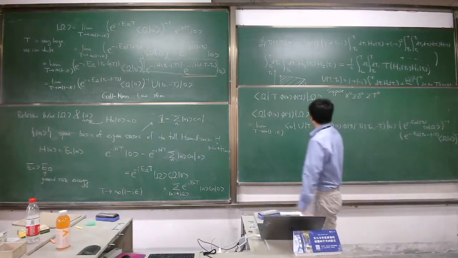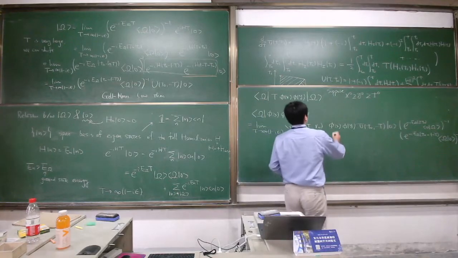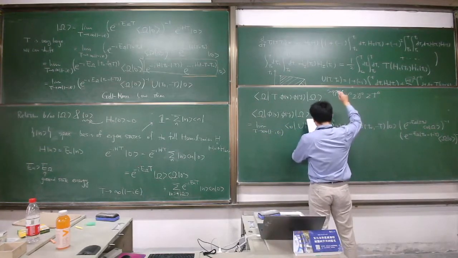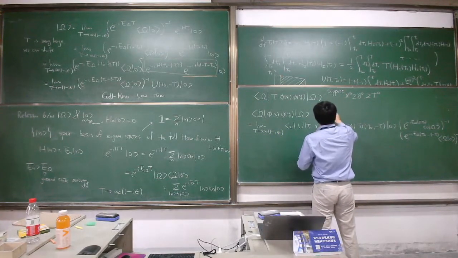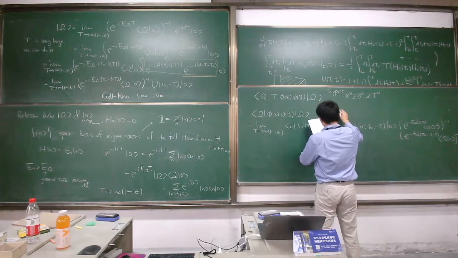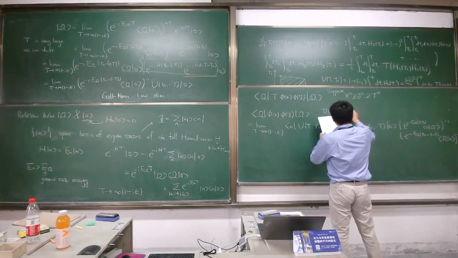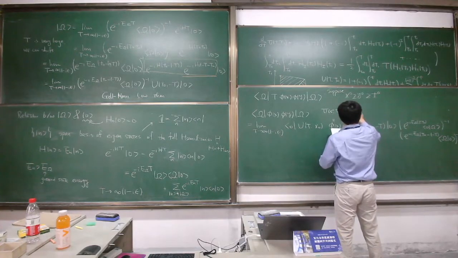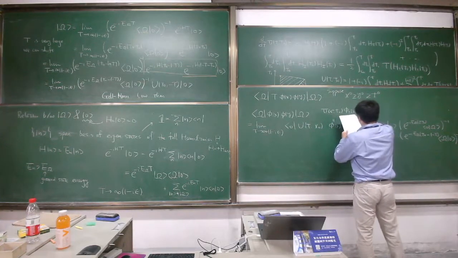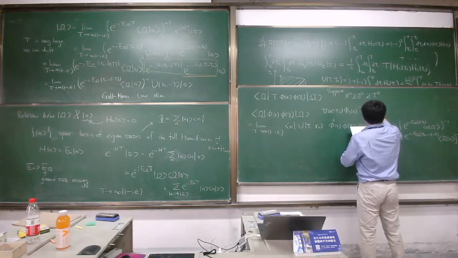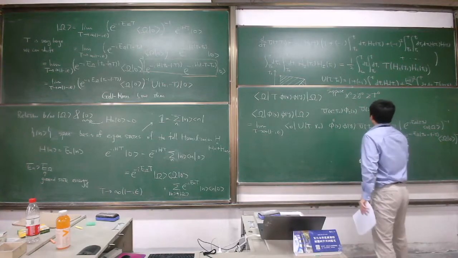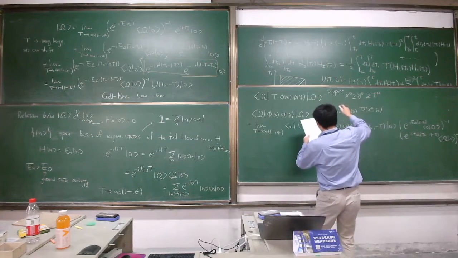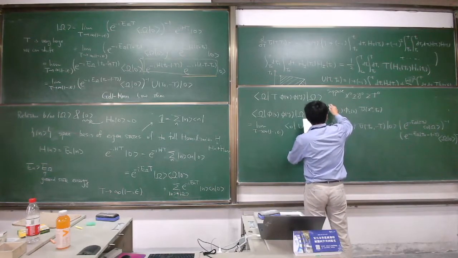Okay, so this is the case, and we just write down this one, which is equal to U dagger x naught t naught, phi interaction x, and then U x naught and t naught. Sorry, one of them should be dagger.